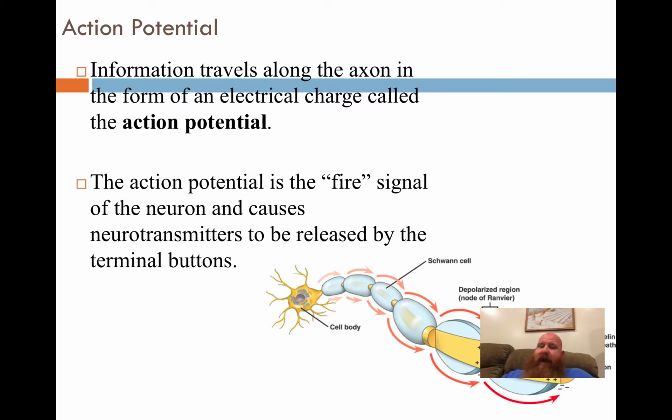That's essentially what happens as the signal decides to get sent. The inside of the cell turns to a positive charge, the outside turns to a negative, and it shoots it down through there. That is called action potential. That is the electrical charge that sends that signal.